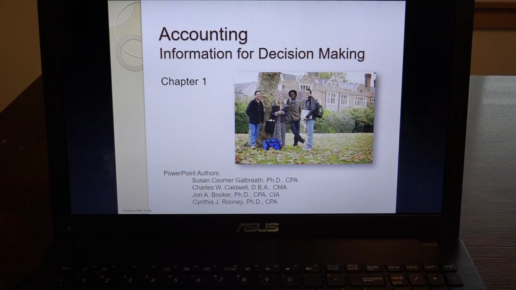Accounting is a means to an end, and that end is helping managers and, depending on the type of accounting information supplied, outsiders to make better business decisions. So making better business decisions through utilization of accounting information is really the end to the means.